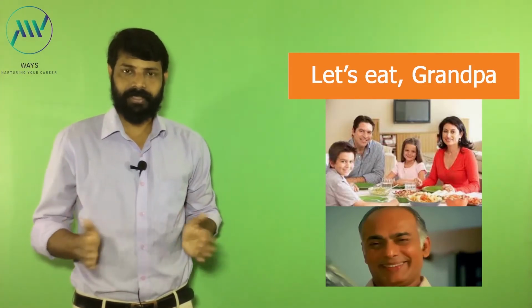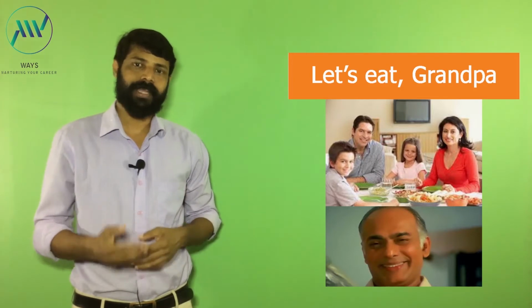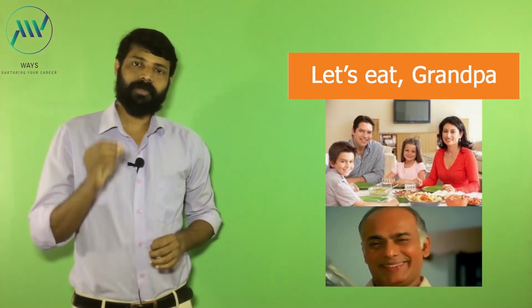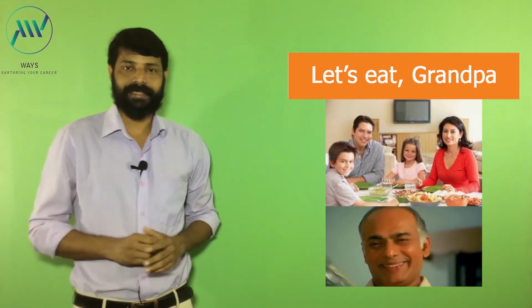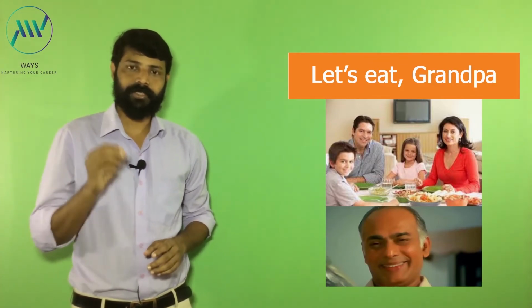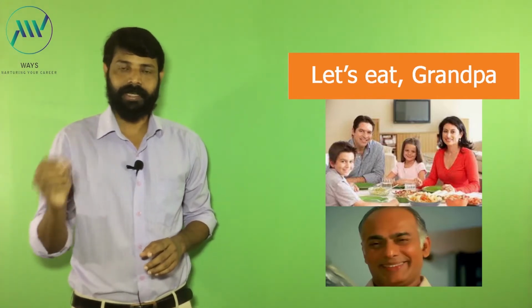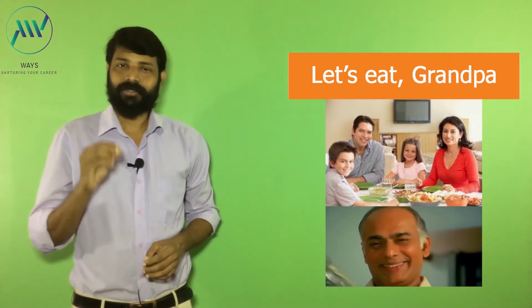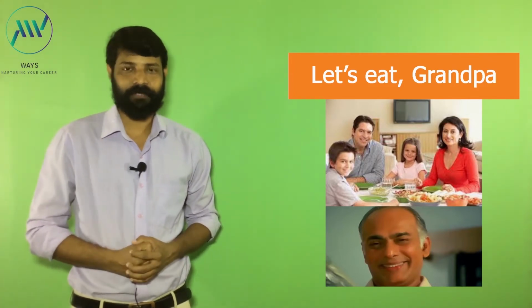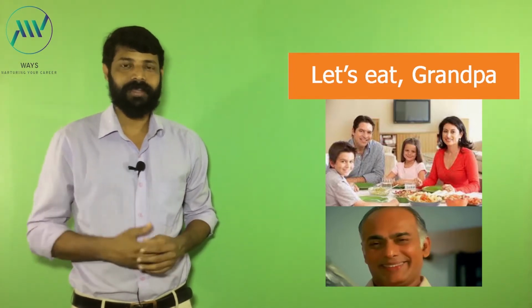So it means we are directly talking to grandpa and inviting him to have food. It means when you are directly addressing somebody or an audience, you must use a comma to separate it from the rest of the sentence. So I hope you won't forget a comma next time when you invite your grandpa to eat. Anyway, we can move on.